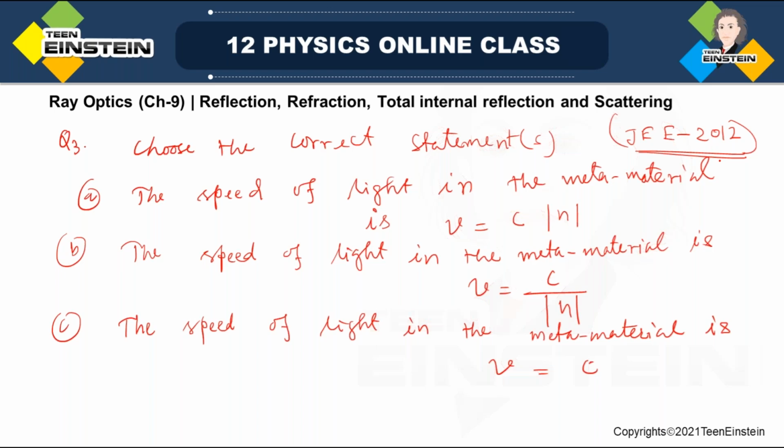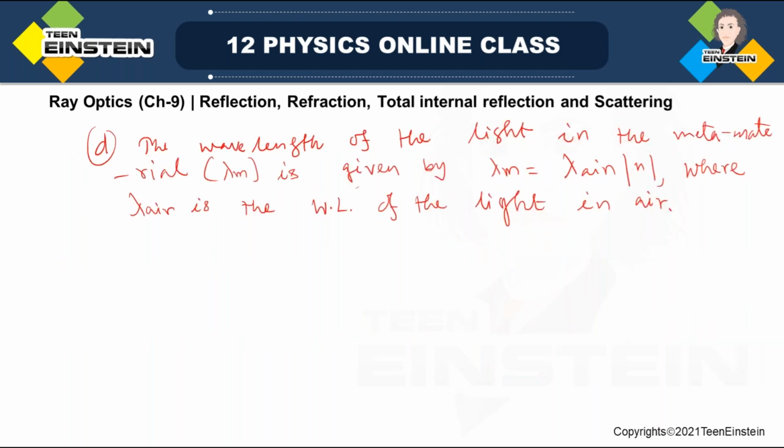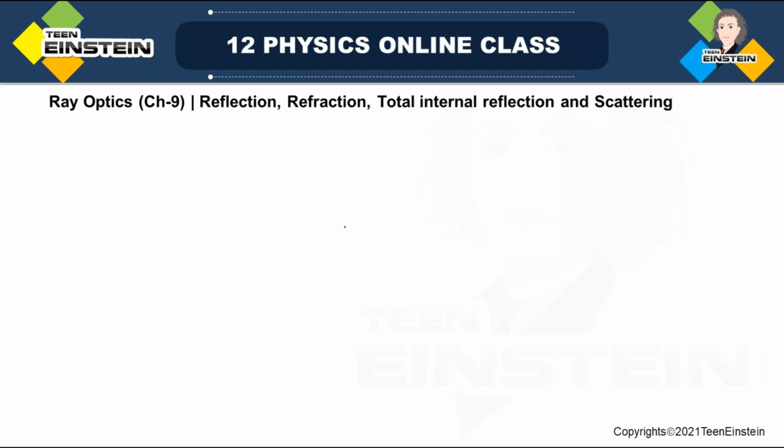So according to electromagnetic theory, the refractive index n is equal to c by v, that we know. C is the speed of light in the air and v is the speed of light in the medium.